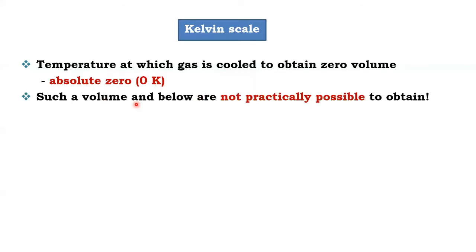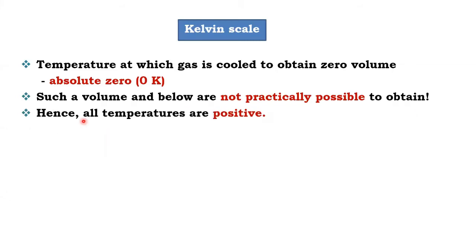Such a volume and below are not practically possible to obtain. ऐसे वॉल्यूम को प्रैक्टिकली ऑब्टेन हम लोग नहीं कर सकते, राइट? Okay, so we cannot get a volume where gases can be compressed into such a small space that we can say the volume is zero or the gas has reached absolute zero temperature, right?